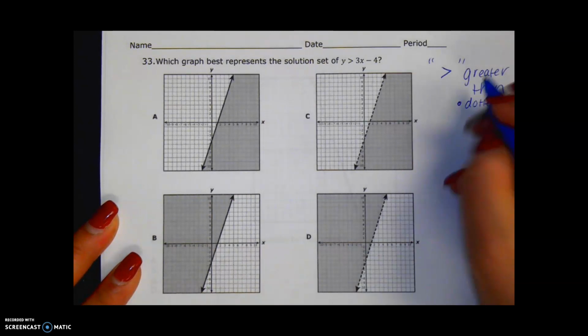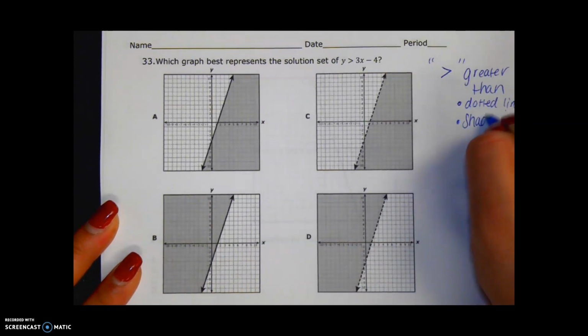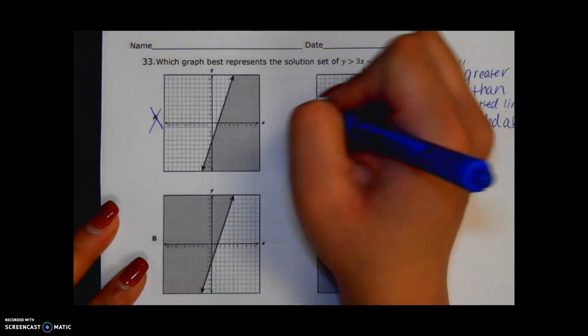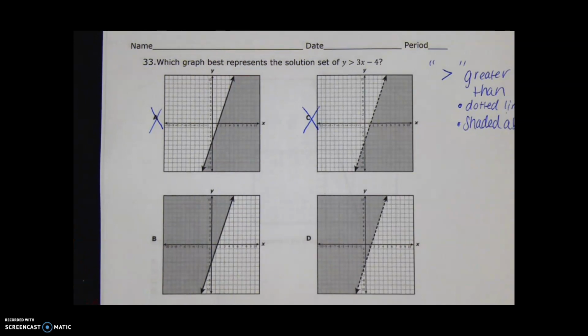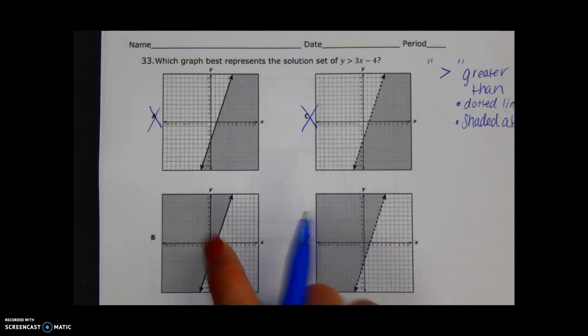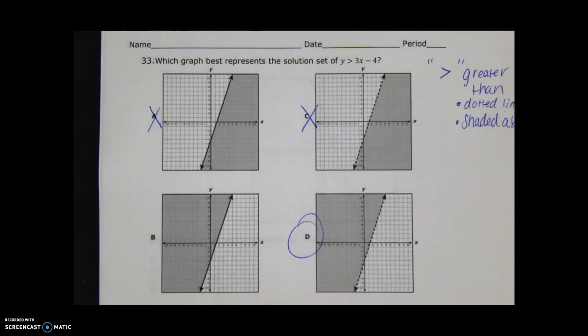Since it's greater than, it's going to be shaded above. All right, this one's shaded above, above, below, and below, so it's not those. Okay, so now we have to look at the one that matches. What else? Dotted line, solid line. It's going to be D.